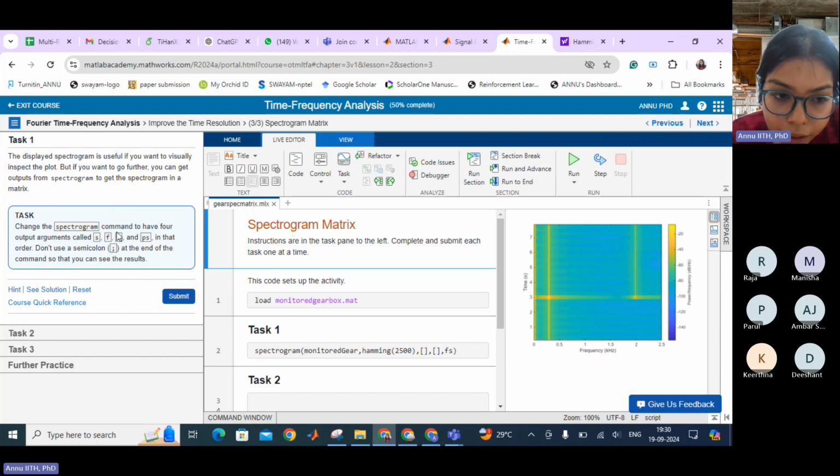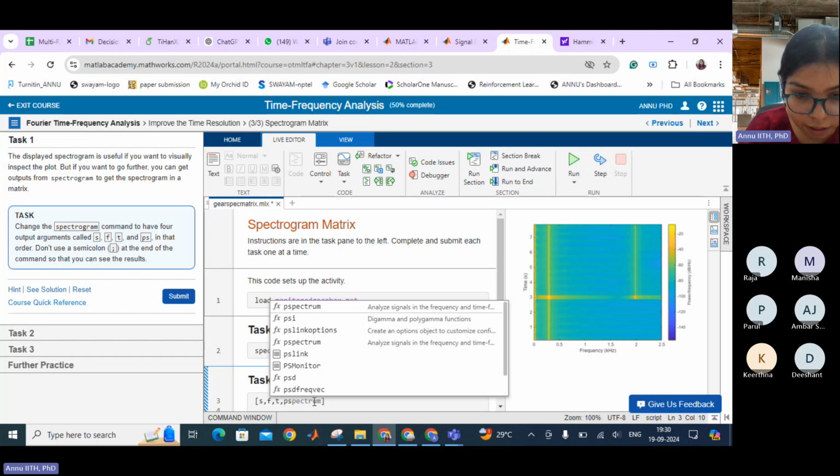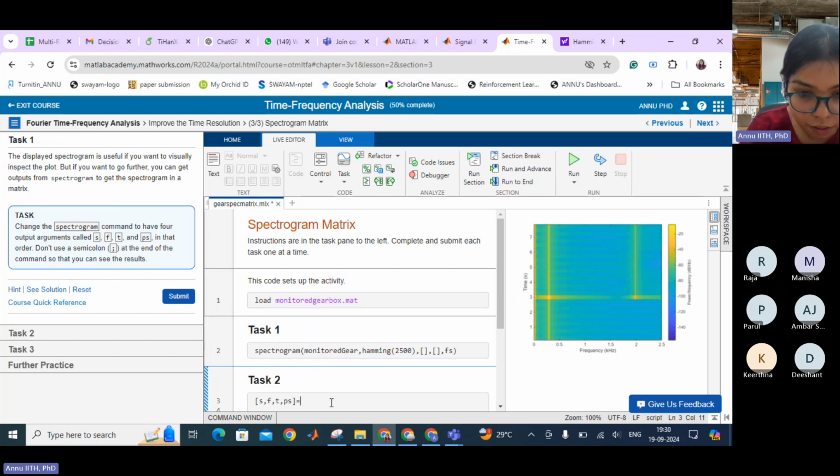So change the spectrogram command to have 4 output arguments, such as S, F, T, and PS, in that order. Don't use a semicolon at the end of the command so that you can see this result. So [S, F, T, PS] equals to.